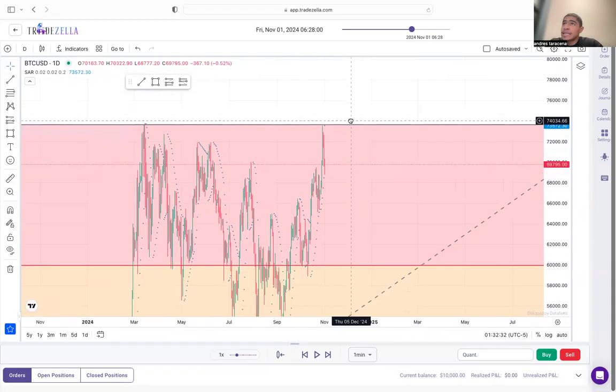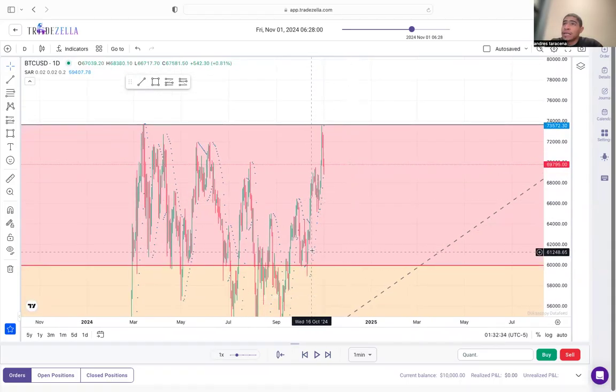What we want to see is for it to continue this momentum. Maybe it pulls back a little bit, and then it breaks the SAR again. And that's where we would enter because we had good momentum. It flipped. And then if it continues and it flips again, that means the momentum is still there.